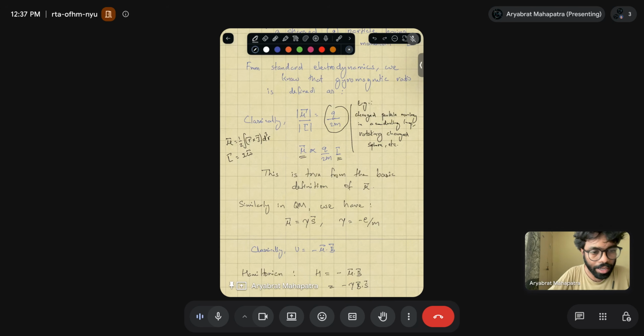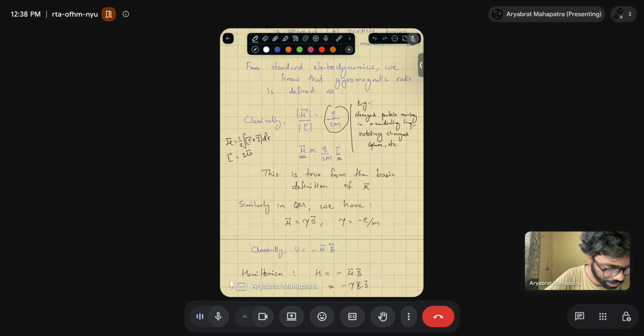Any moving charges can be associated with a magnetic moment, the same way as with a rotating charged sphere, or when charges go around a loop, we have a magnetic moment and also angular momentum. Similarly, quantum particles have a charge, so they also have a magnetic moment associated with them, and they also carry something known as spin, which is similar to angular momentum.